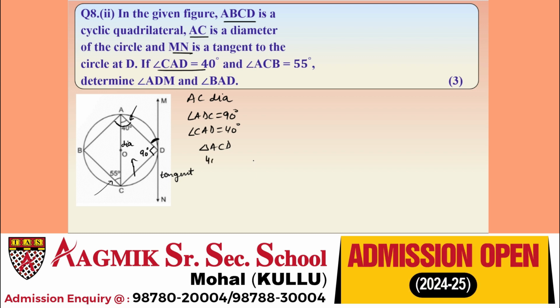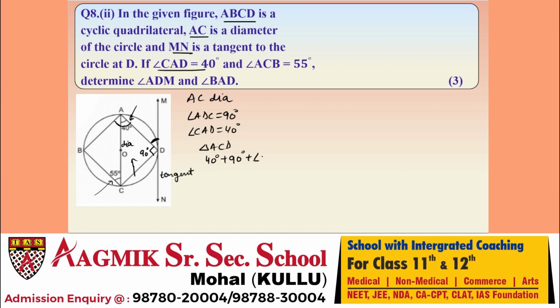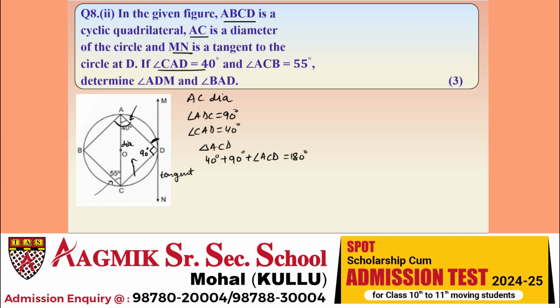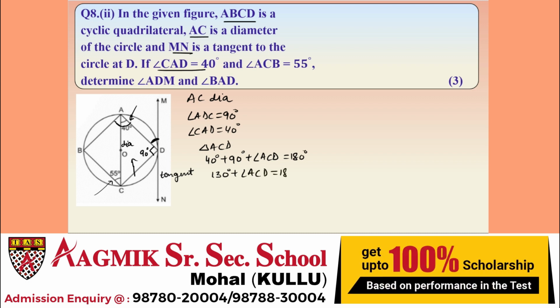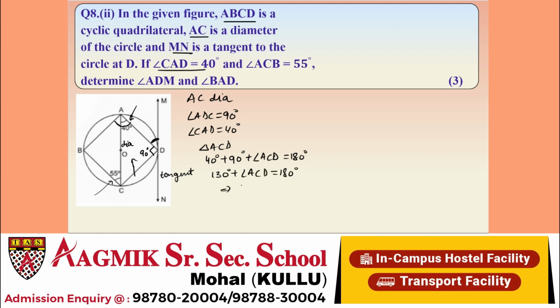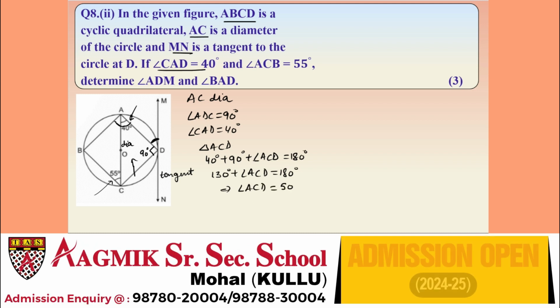So we have 40 plus 90 plus this third angle, angle ACD, equal to 180. So 130 degree plus angle ACD equals 180 degree. That means angle ACD would be 180 minus 130, that is 50 degree.